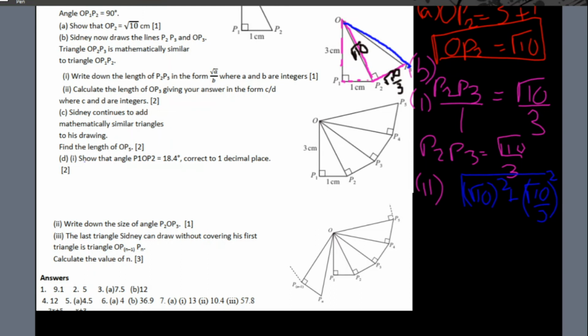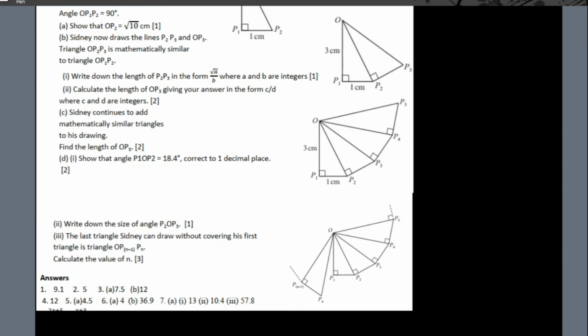Okay, this is giving me a very weird answer, probably because I'm missing some brackets or something. So let me simplify this. This becomes 10, and this becomes 10 by 9. So this becomes under root of 100 over 9, which gives us 10 by 3. So yes, this is the correct answer, 10 by 3 for part 2.